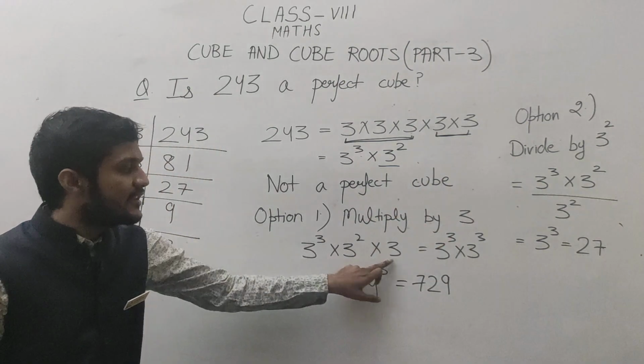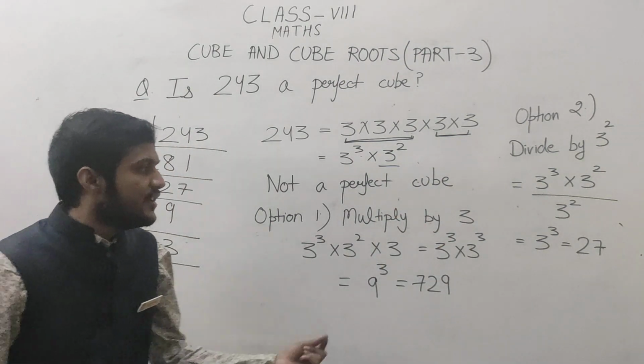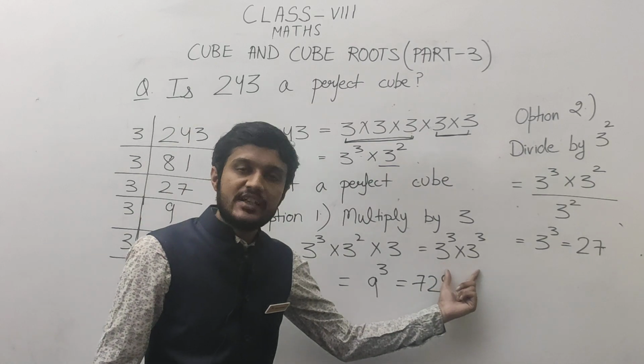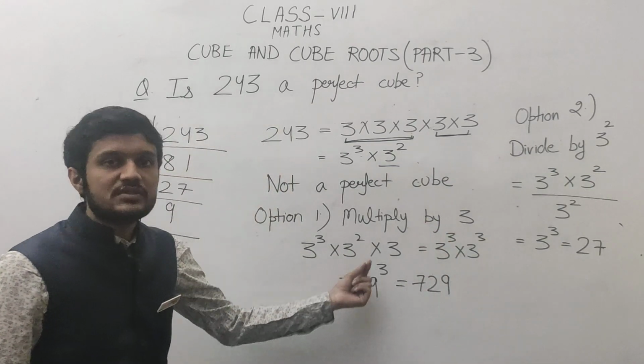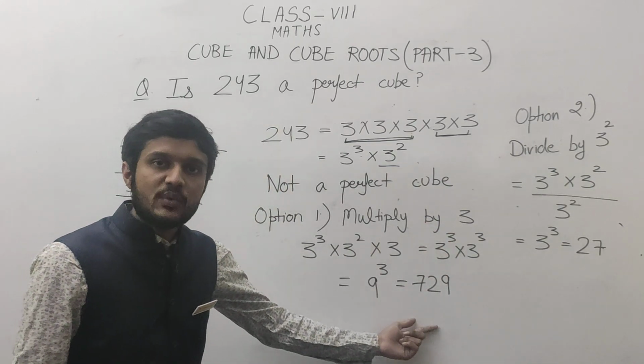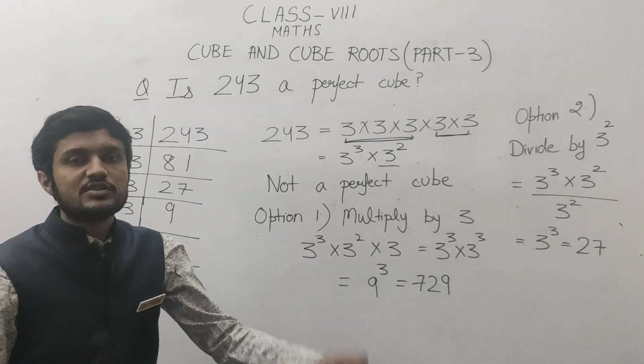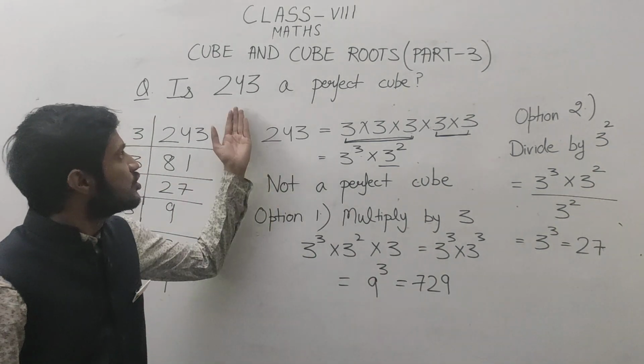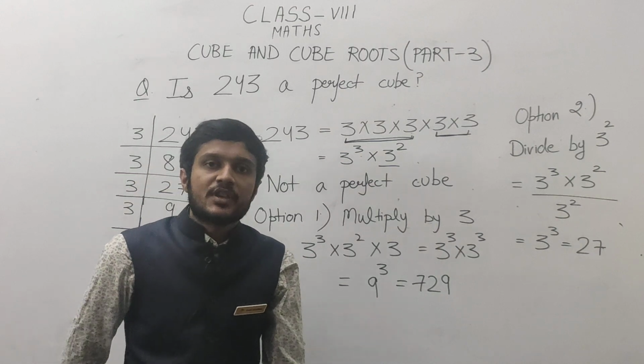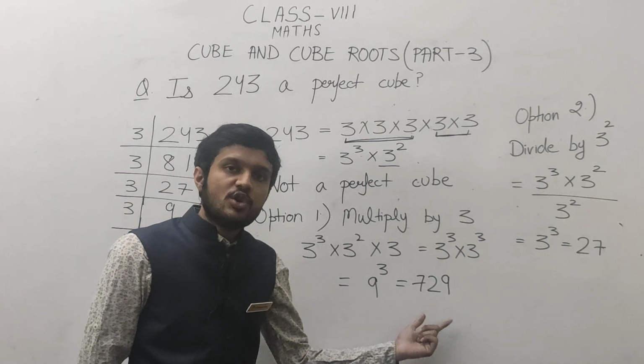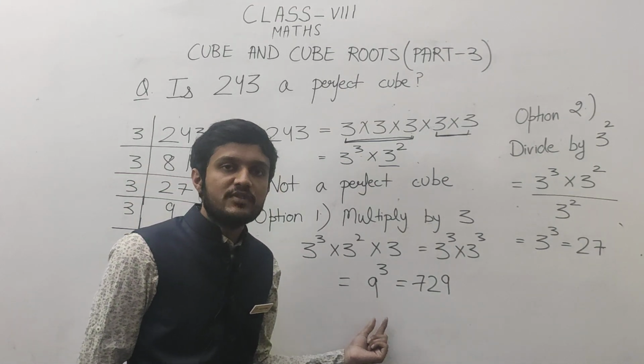When you multiply by 3, two groups of 3 come, so the number becomes 9 cube, that is 729. This is the first option. So 729 is a perfect cube number. We know that this number is the cube of 9.